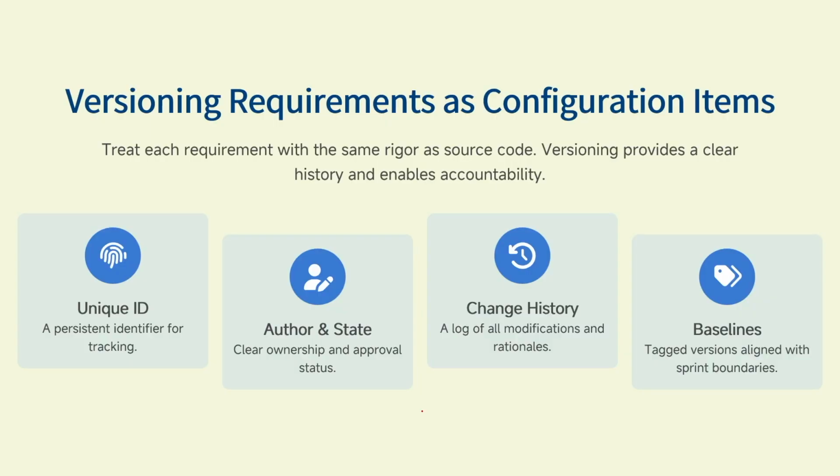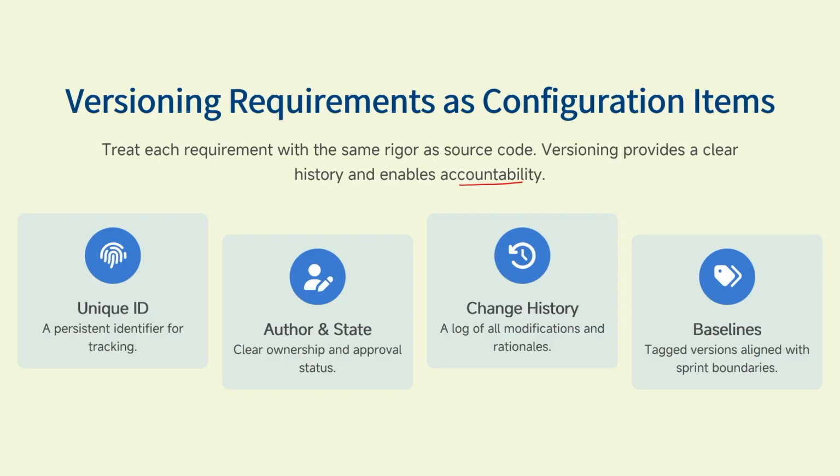So versioning will provide a very clear history of what has been added, what has been updated, what has been deleted, and it is also trying to provide accountability. Why? Because versioning will record who has made the change. So you cannot directly go and change anything.